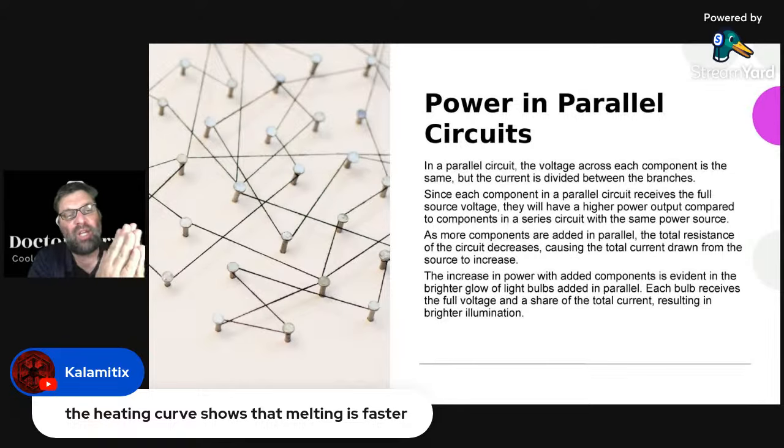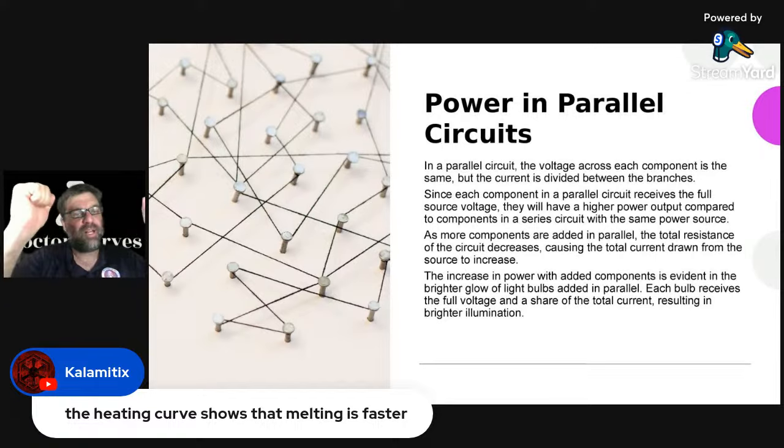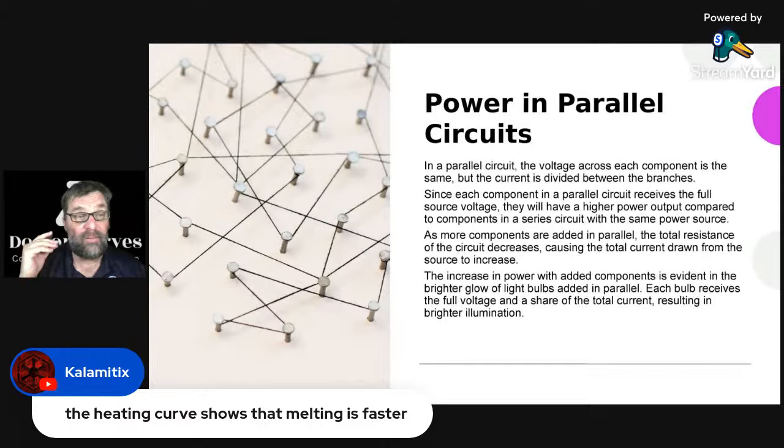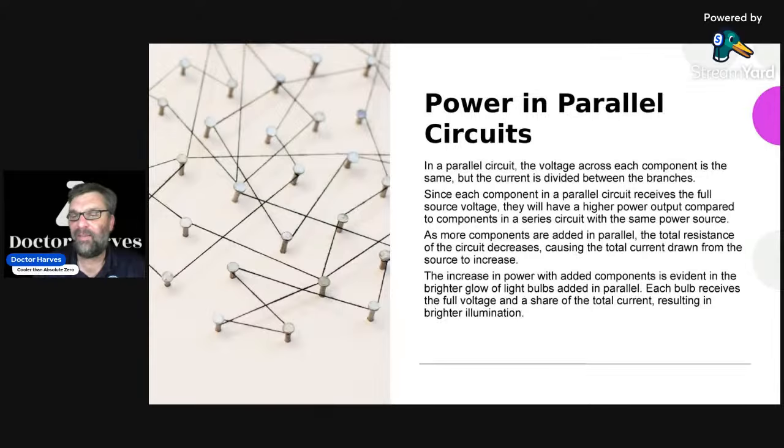So it requires a lot more energy to break that bond between particles. Whereas when you've got a liquid and you want to separate it out back into gas, that's going to require less energy. So it's going to be a lot faster because the strength of the interparticle bonds are going to be less than the particle bonds between the solid. There we go. That makes sense then.